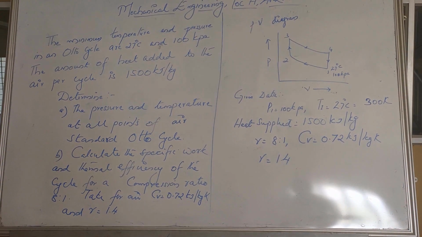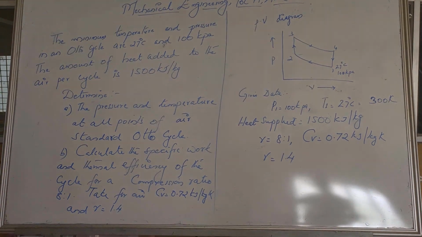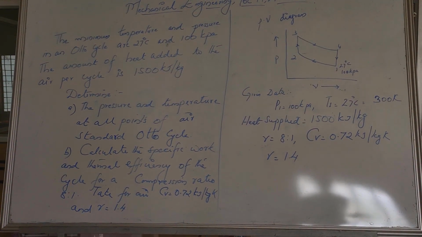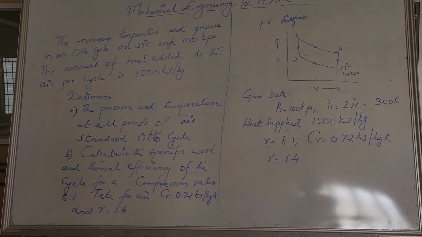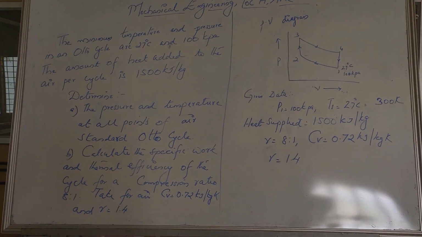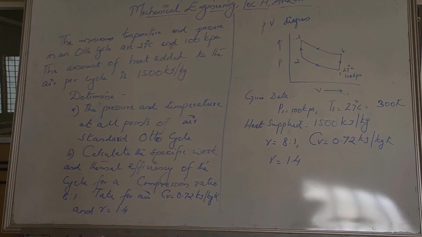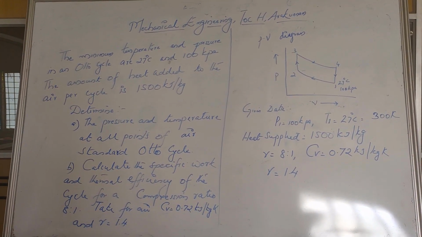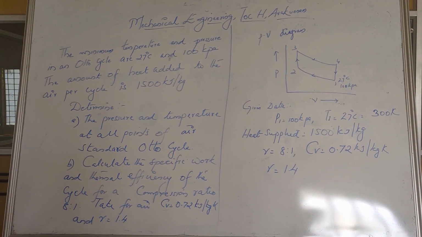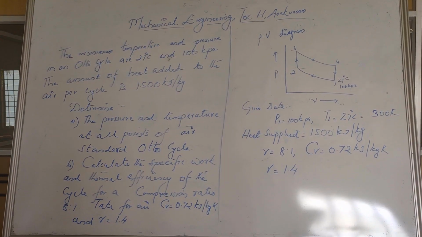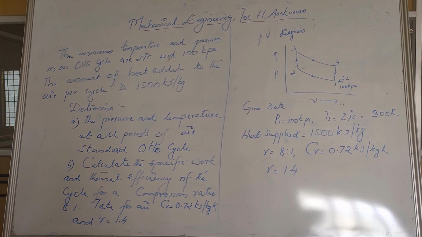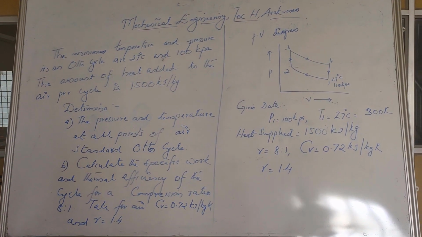And the question is: the minimum temperature and pressure in an Otto cycle are 27 degrees Celsius and 100 kilopascal. The amount of heat added to the air per cycle is 1500 kilojoules per kilogram.